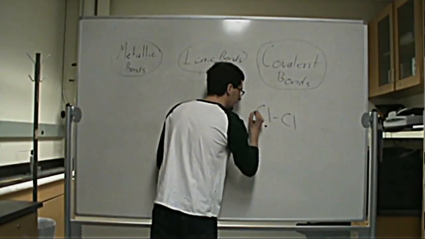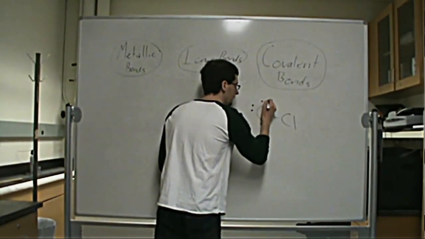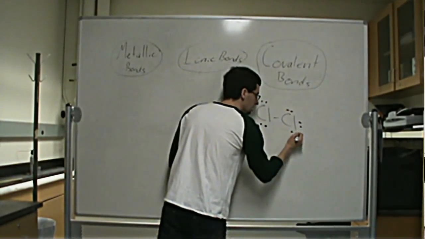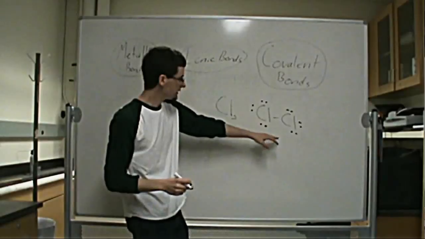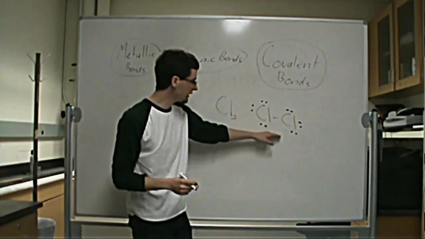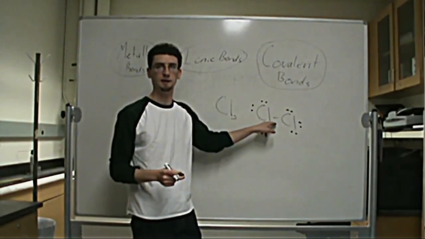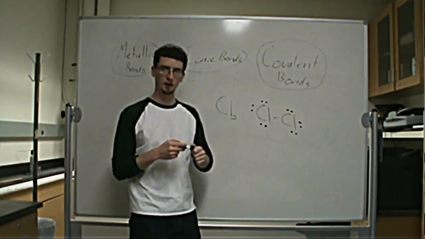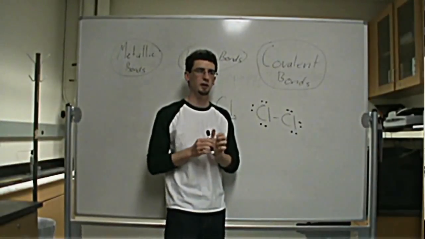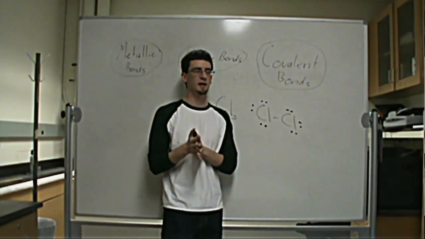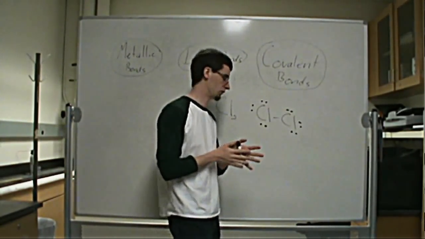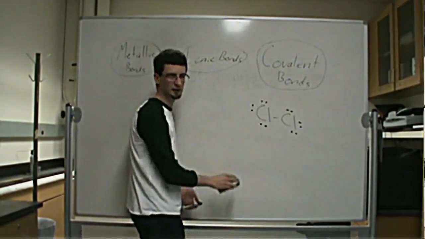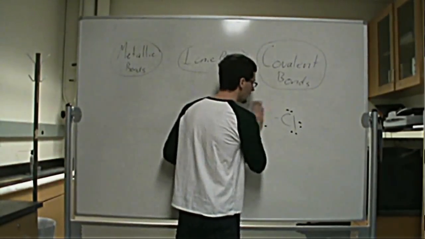I've neglected the other valence electrons, so let's just draw those in, just to be consistent. So they're sharing the electrons in a covalent bond. We can talk more about what's happening in covalent bonds at a later date. I should have some organic videos up. We'll talk more about orbital overlap in a different YouTube video.